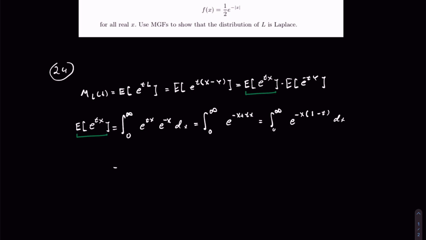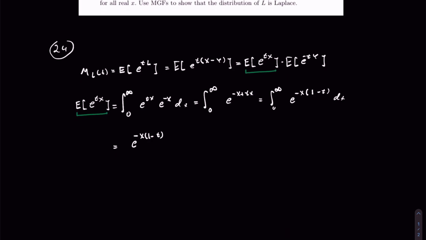And this integral, when evaluated, is just e to the minus x(1 minus t), divided by negative (1 minus t), from 0 to infinity.